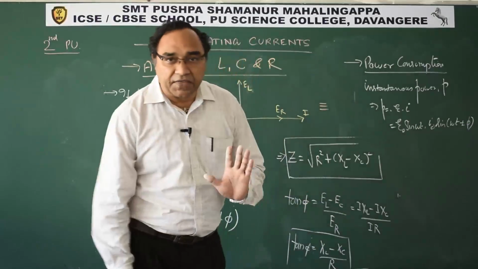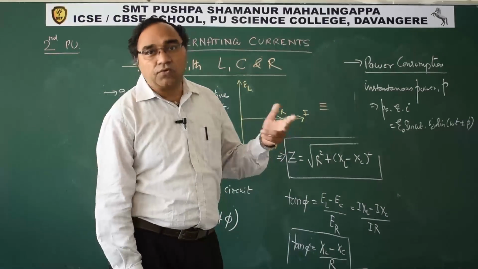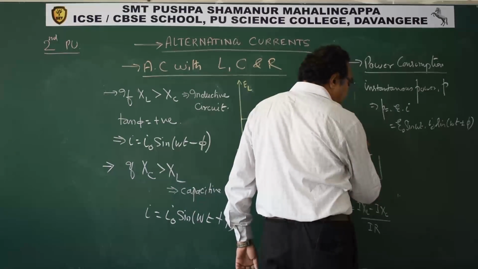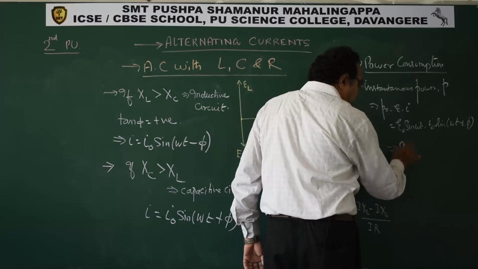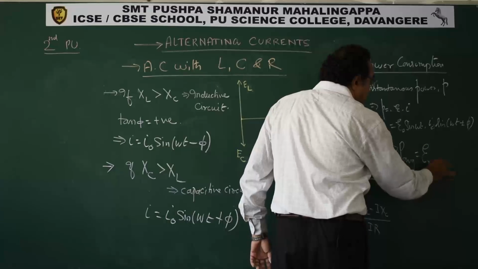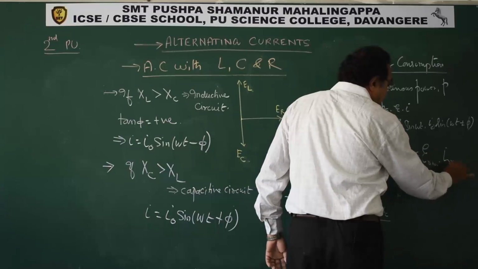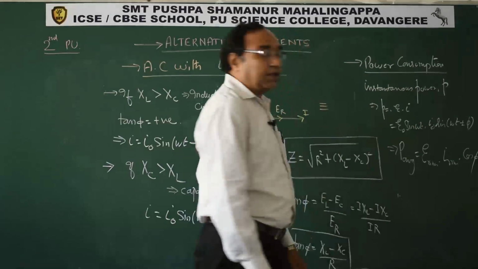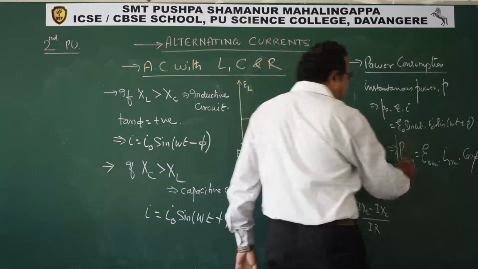Now the equation is the same as what we had seen in the previous two combination circuits, right? So therefore I will write directly the expression for average power. This is ERMS into IRMS into cos phi. So we have a power factor there.